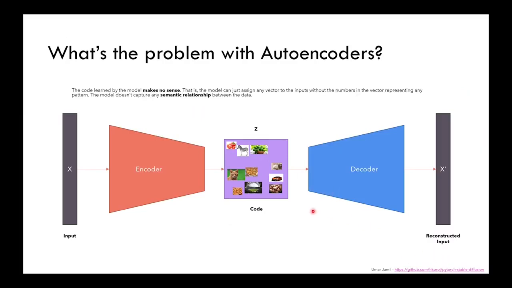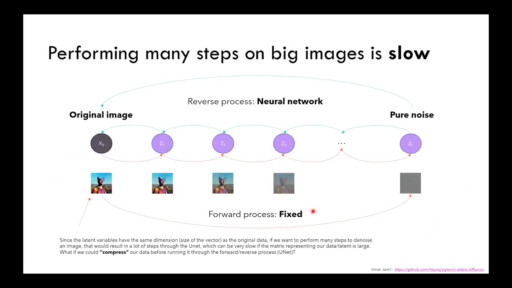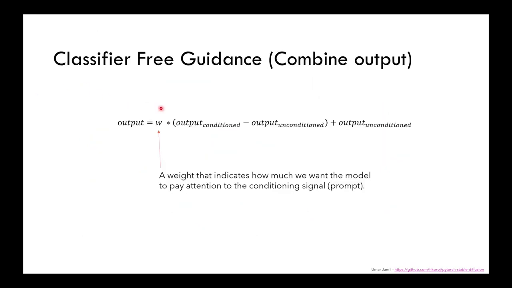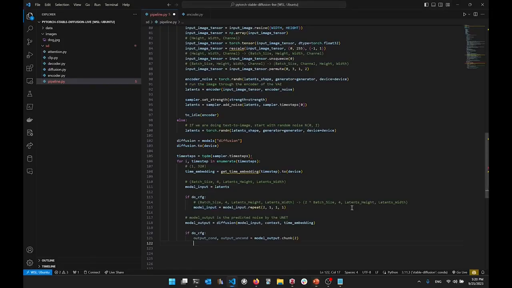According to this formula here, so the model output will be the scale that we defined, multiplied by the output conditioned minus the output unconditioned, plus the output unconditioned.